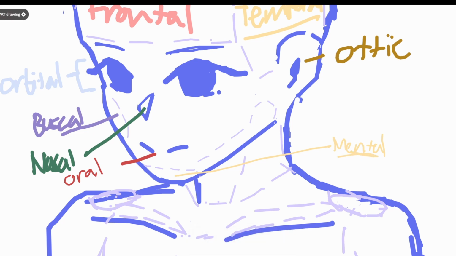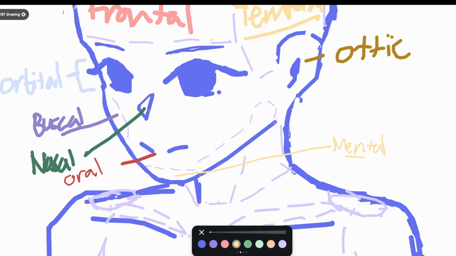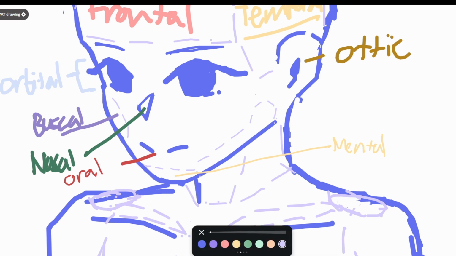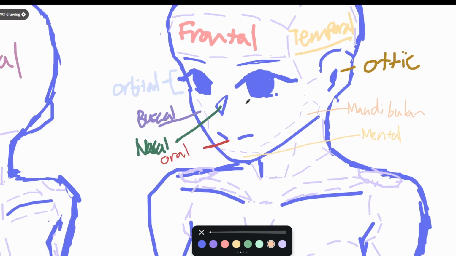So you would pair that up with that region: mental, thinking, right? And over here, your jaw, basically, is called the mandibular region. Mandible refers to your jaw, so mandibular, right?